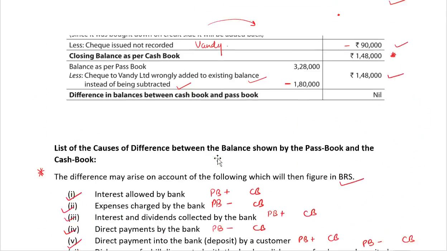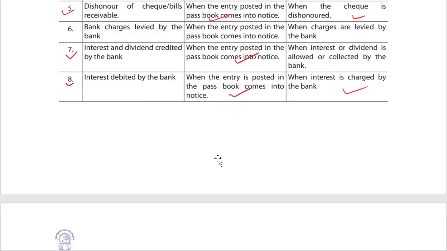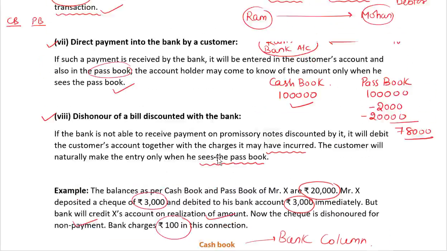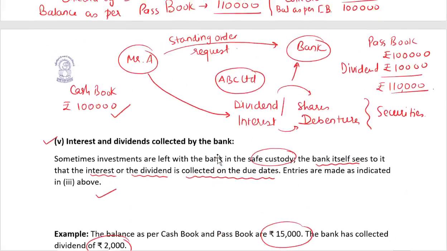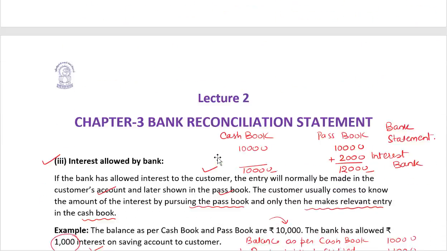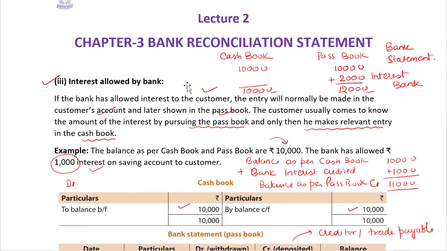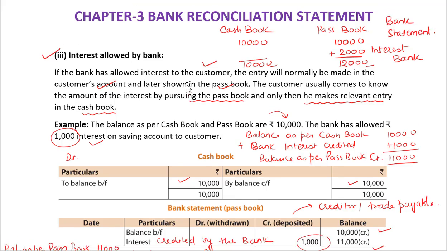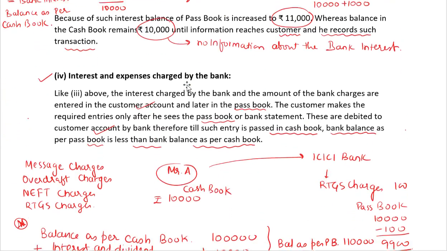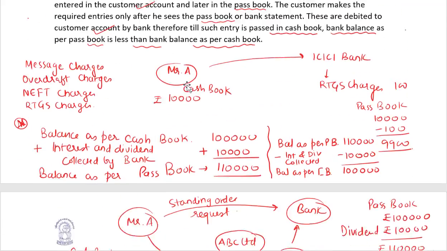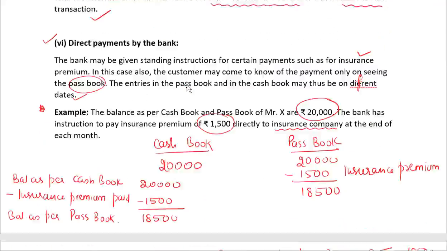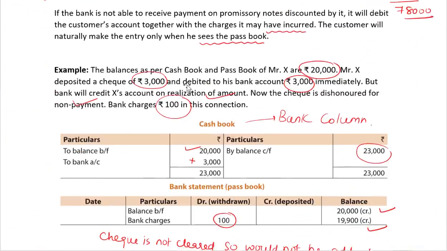Let's see a quick recap of what we had done today and then we'll wind up the class. We have seen the remaining items, that is interest allowed by the bank, interest and expenses charged by the bank, and all the transactions we had seen in today's class.